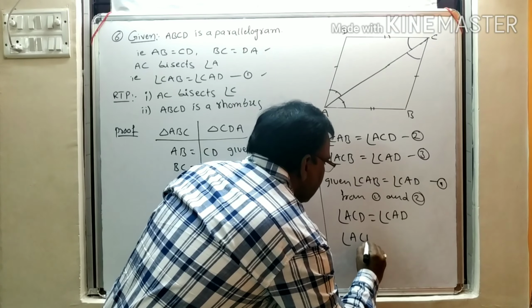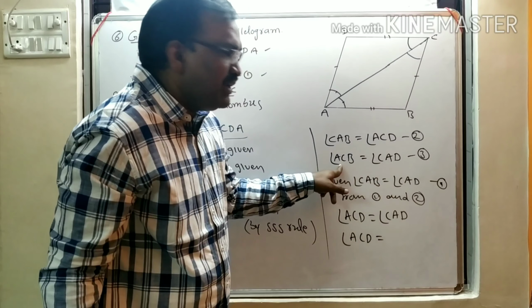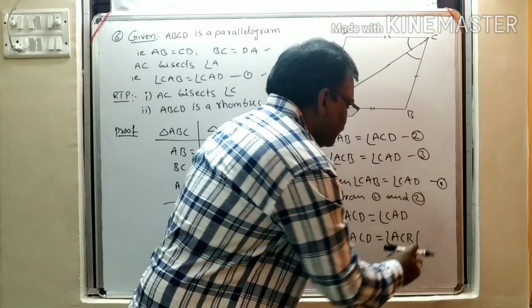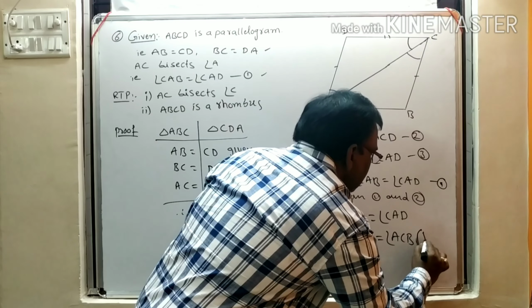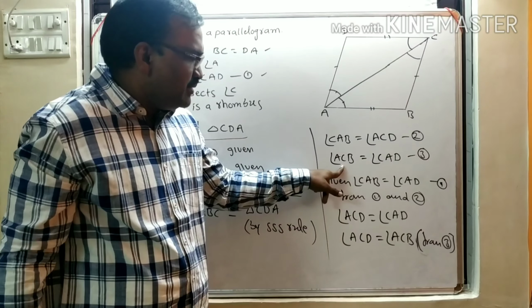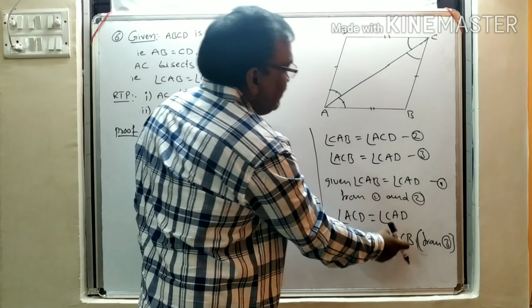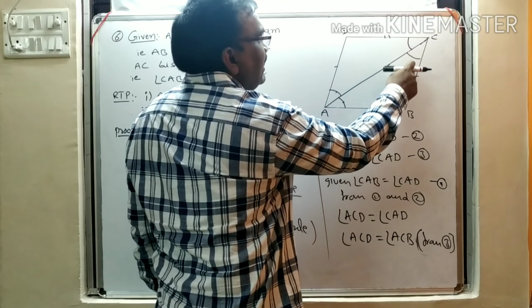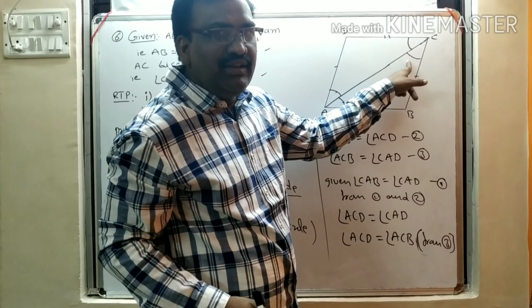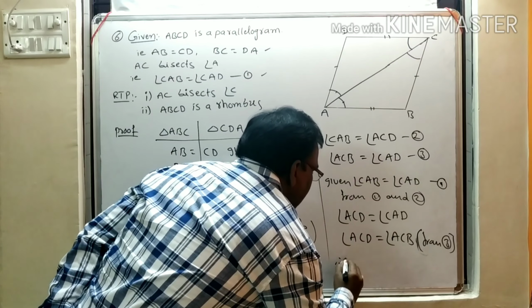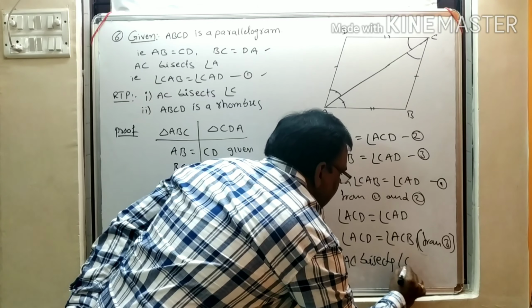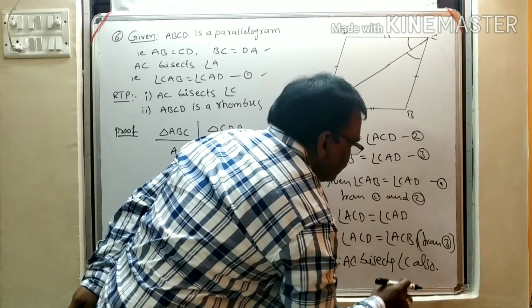From 3, angle CAD is equal to angle ACB. So angle ACD is equal to angle ACB. These two angles are equal. Therefore, AC bisects angle C also.